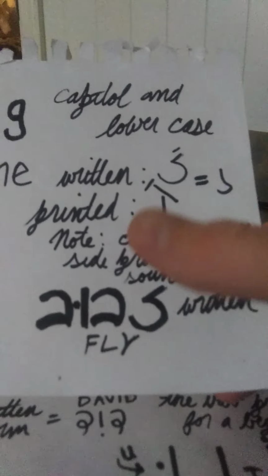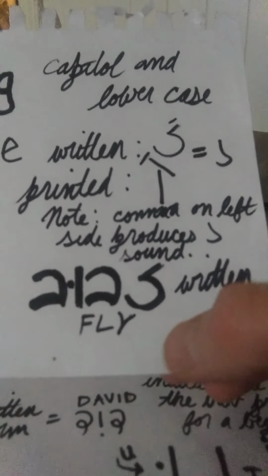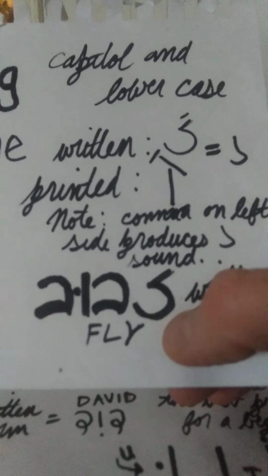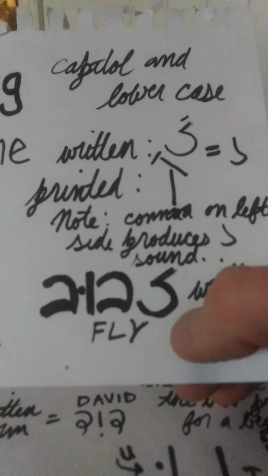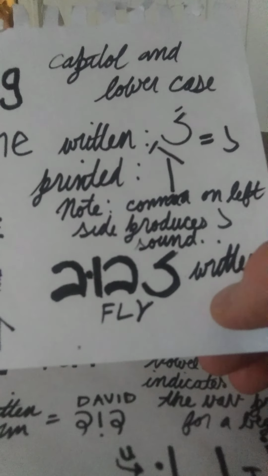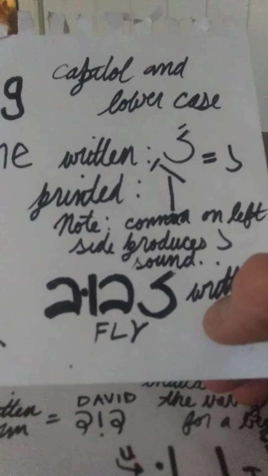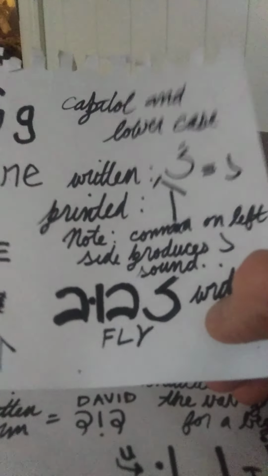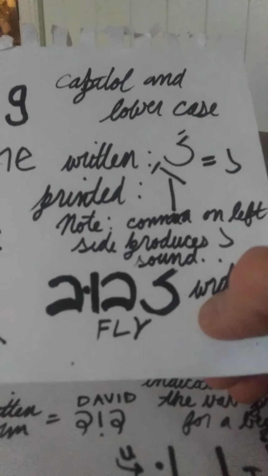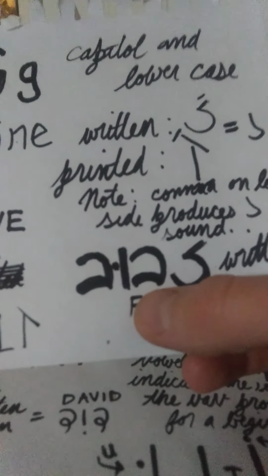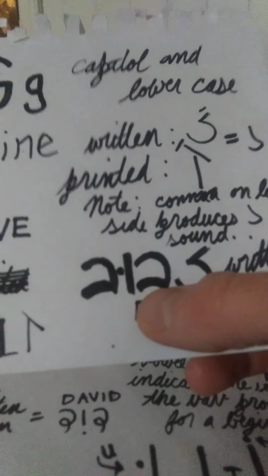So anyway, we have our written form right here, and our written form down there. I don't recall exactly which word this is. It might be like our 8th word that we're learning, but anyway, we start off with our Zayin, and then we have our, this was the second letter that we learned.